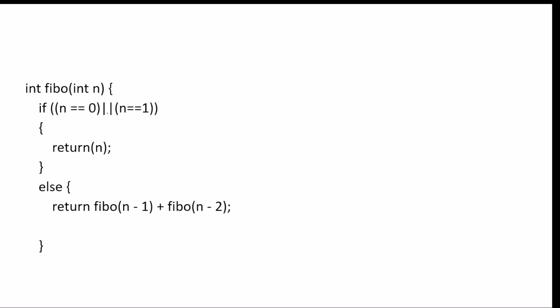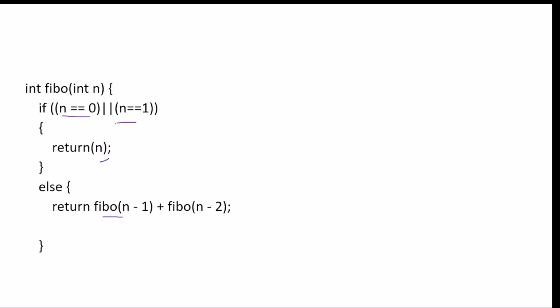This function will be called repeatedly until some condition is met. I have given the condition: if n is equal to 0 or n is equal to 1, we have to return the n value. Here we stop calling the function. If this condition is not satisfied, it calls the function again, Fibno of n minus 1.